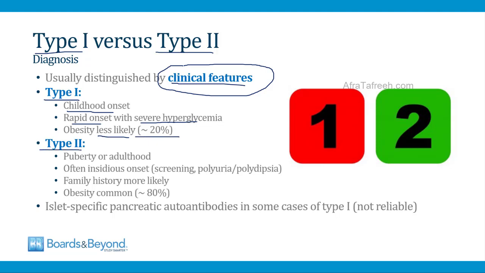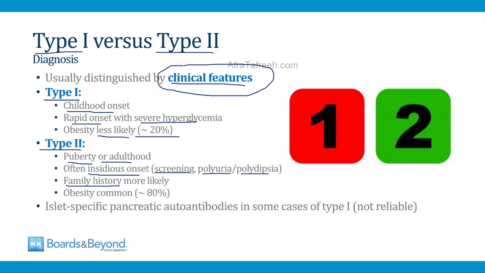Type 2 diabetes, in contrast, will occur around the time of puberty or adulthood, and as I said before, it often has an insidious onset. It can be asymptomatic and detected through screening. It may present with polyuria or polydipsia, but the symptoms won't be severe with very, very high blood sugar levels, and the symptoms won't have come on abruptly like they do in type 1. A family history of type 2 diabetes is very likely in type 2.